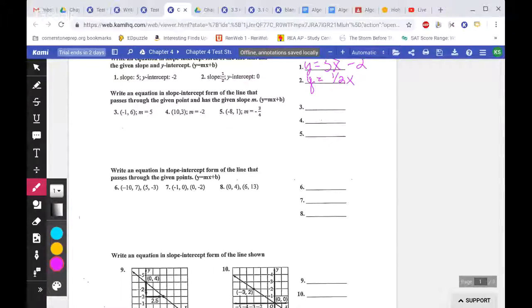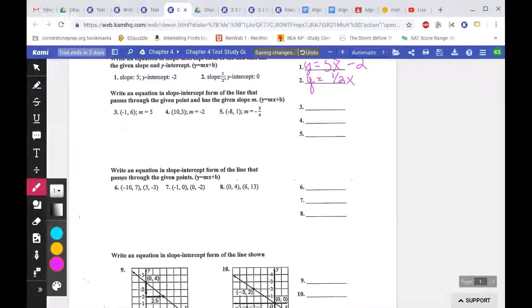Okay, number 3 is going to be a little harder. Write an equation in slope-intercept form of the line that passes through the given point and has the given slope. So what do I need to do first? Find the slope. Oh, wait, never mind. I was ahead of myself. Oh, okay. You were on number 6, weren't you? Yes.